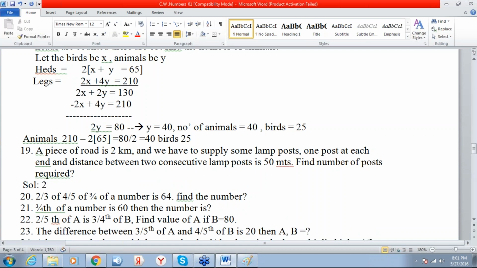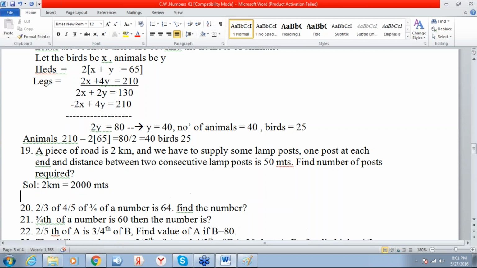Just convert 2 kilometers into meters. 2 kilometers is equal to 2000 meters. The lamppost should be placed at every 50 meters.